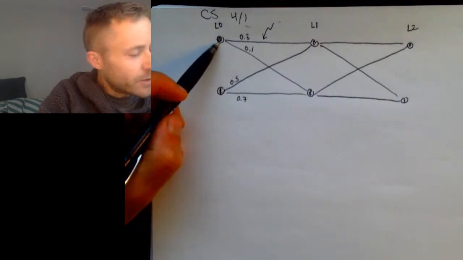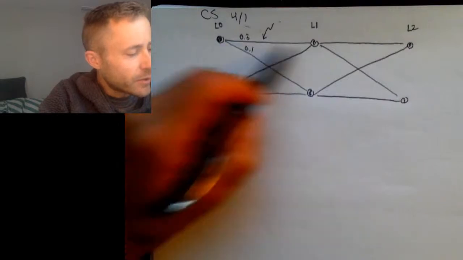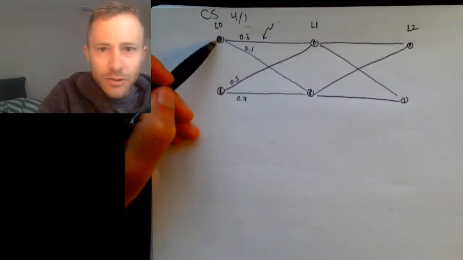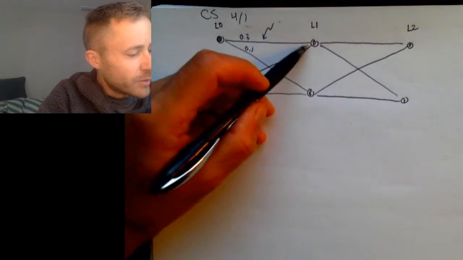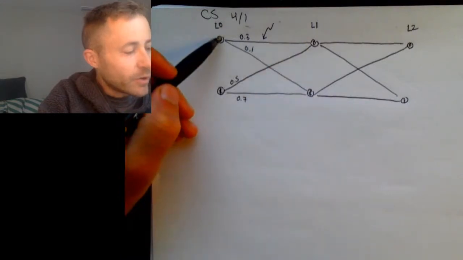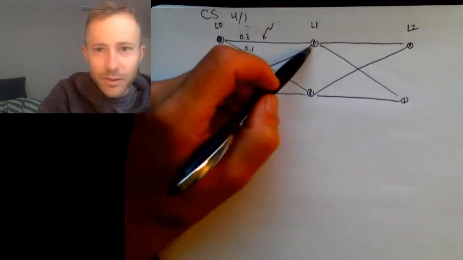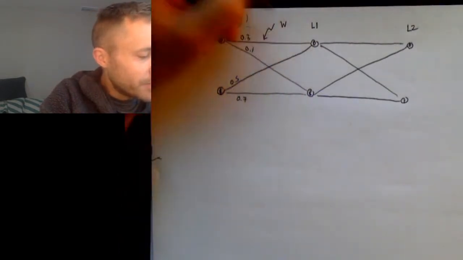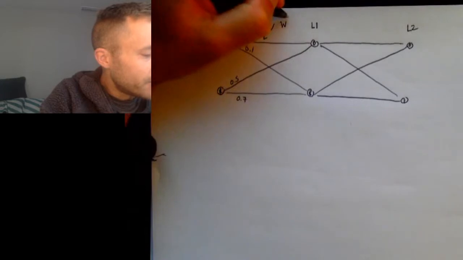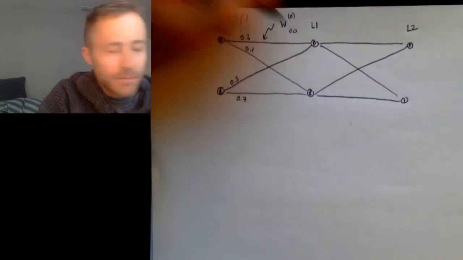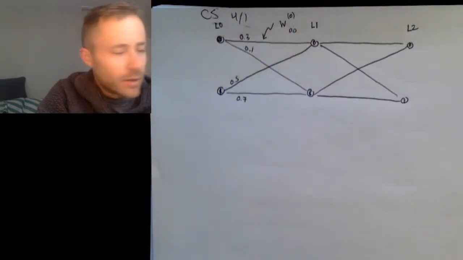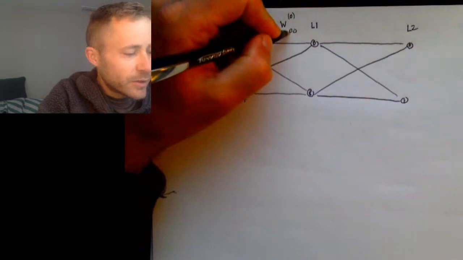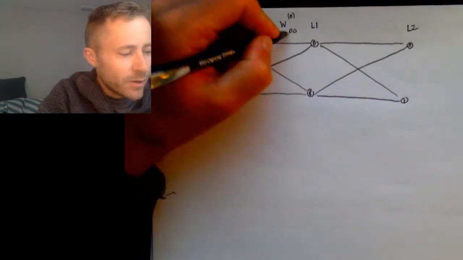This is the link right here that connects neuron 0 in layer 0 to neuron 0 in layer 1. So that is W, and then we put a little parentheses, 0, 0, 0.